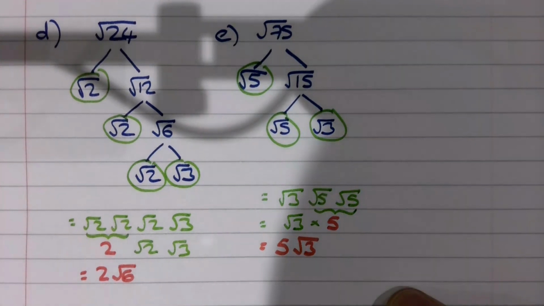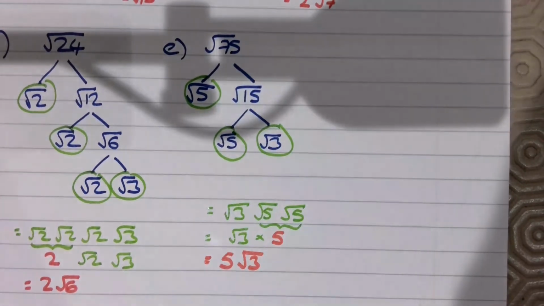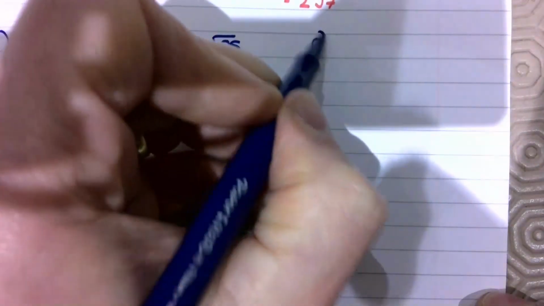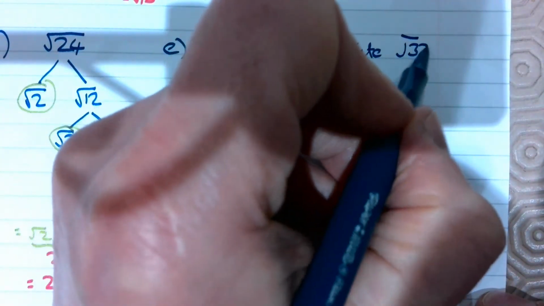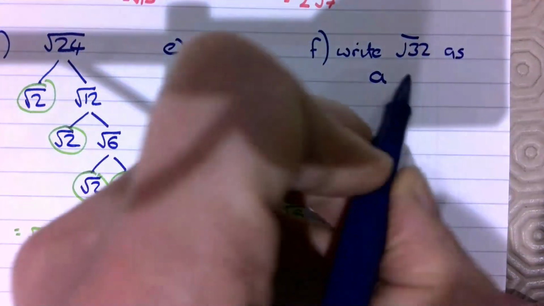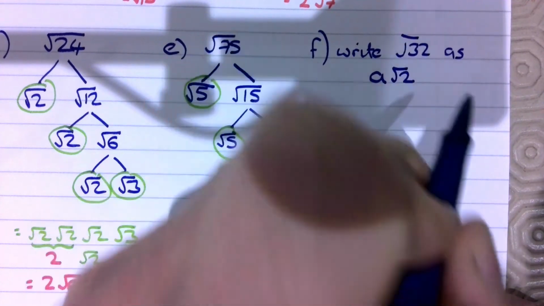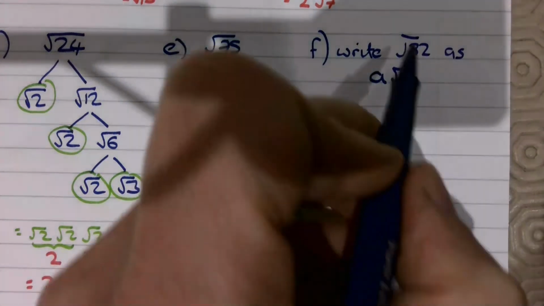Last one then. So let's say F, write square root of 32 as a root 2. Okay, this is a more exam style question now.